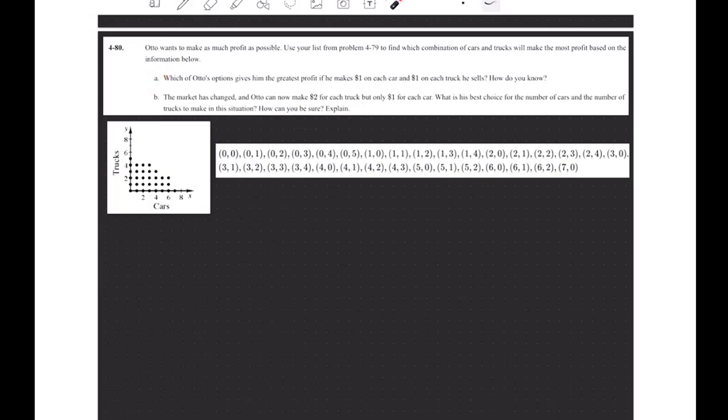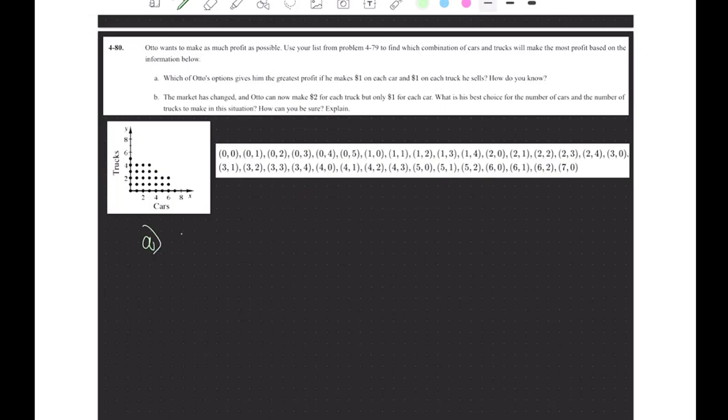So for letter A, which of Otto's options gives him the greatest profit if he makes $1 on each car and $1 on each truck he sells? So we want to make $1 on each.